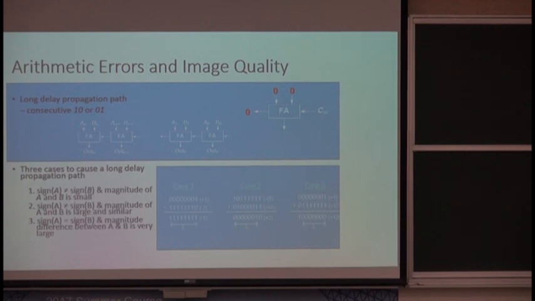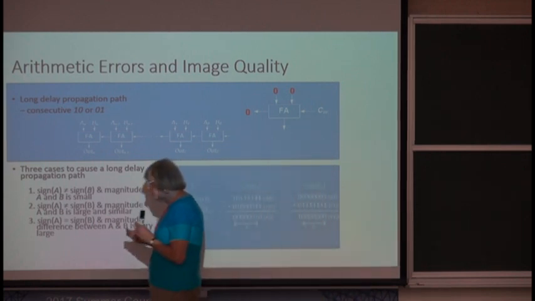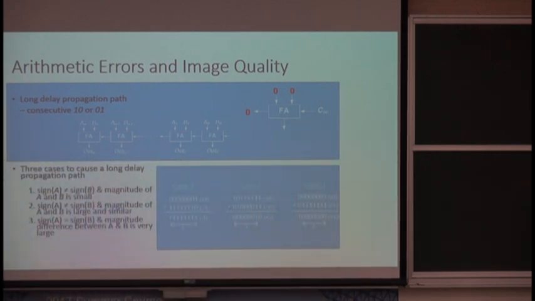As I said, Sion used this for image quality. For image compression, you're going to do a lot of discrete cosine transform, which has a lot of multiplies and adds in it. Basically, you looked at how to design a DCT unit that would be hardware efficient and low power, and came up with three different cases where you have to worry.